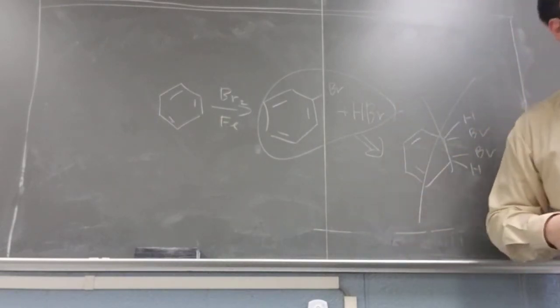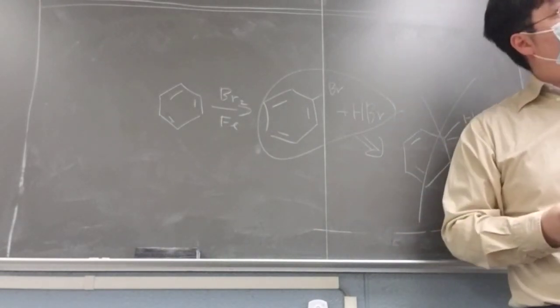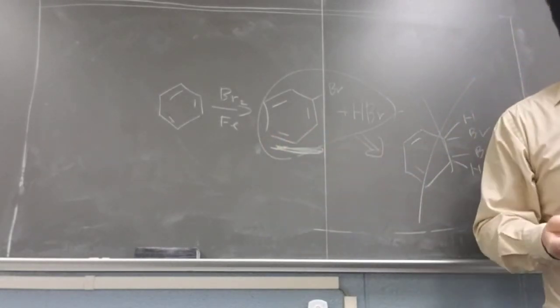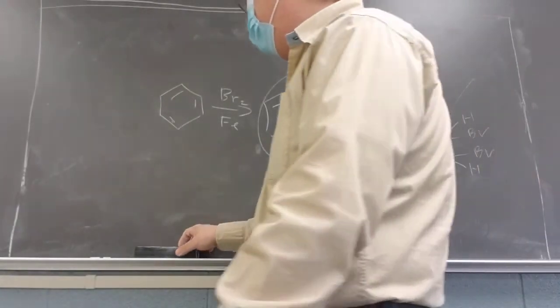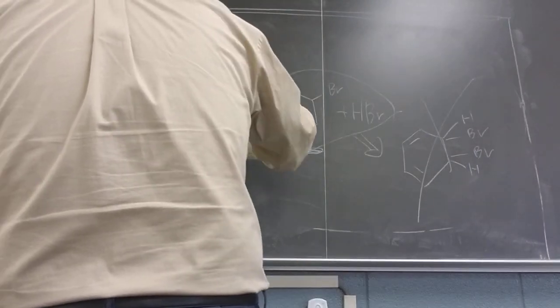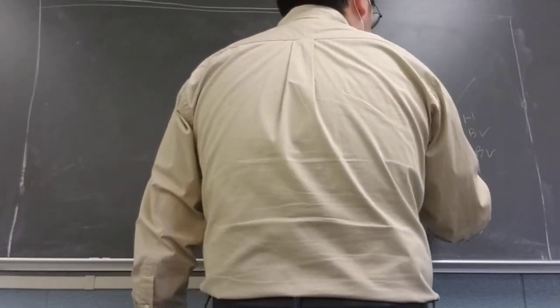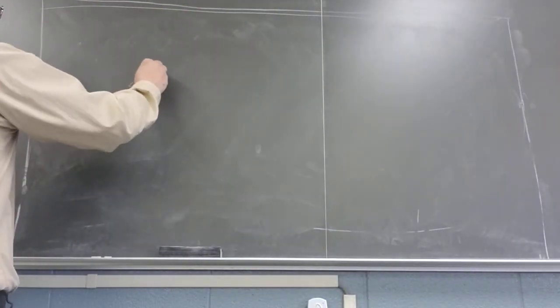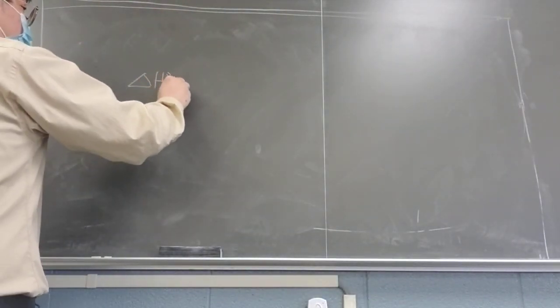So the chemists now thought, oh, there must be something on this benzene ring-like structure. There got to be something there to make this reaction different than others. Okay. So if that is the case, they also measured the enthalpy change of hydrogenation.